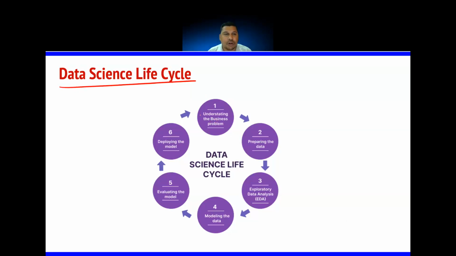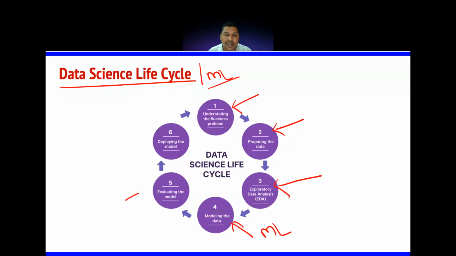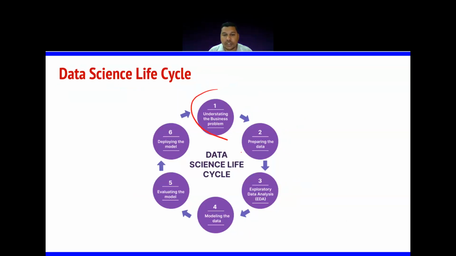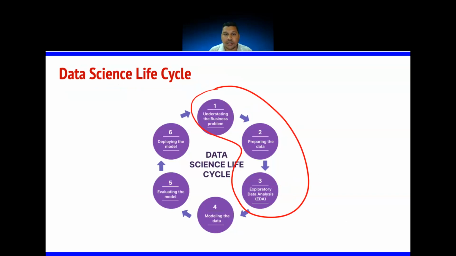Maybe this is the same even for machine learning in some cases. So: understanding the problem, then preparing the data, exploratory data analysis, modeling the data. Here comes your ML, then evaluating the model and deploying the model. From this, I would say only these three majorly use statistics.